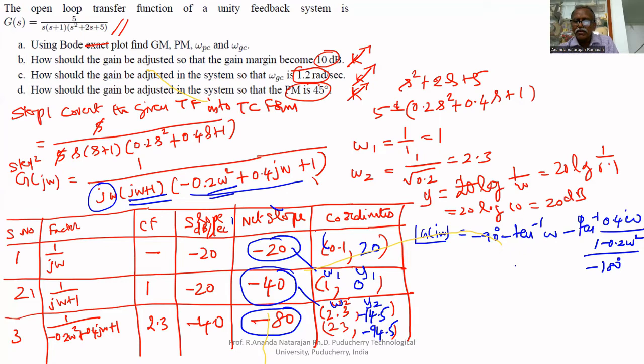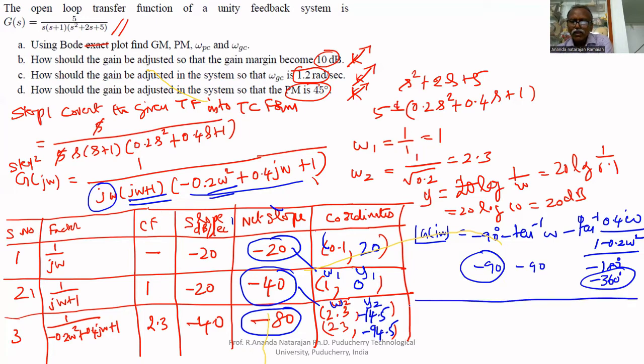As omega tends to infinity, this is minus 90. Therefore, when omega equal to infinity, it is 360. When omega equal to 0, minus 90. Therefore, angle varies from minus 90 to 360 degree. That's all.